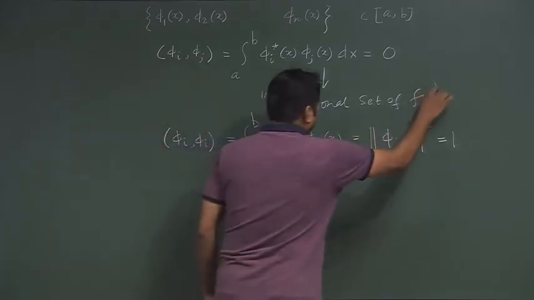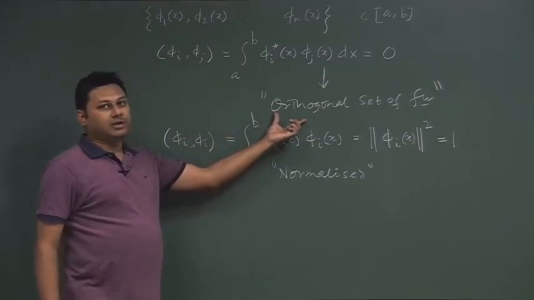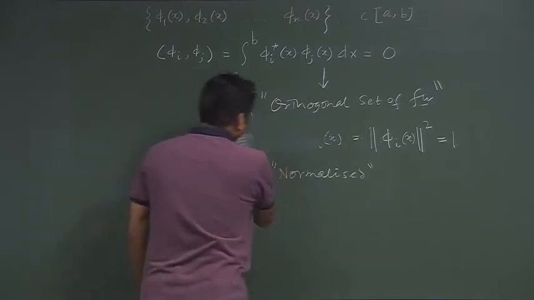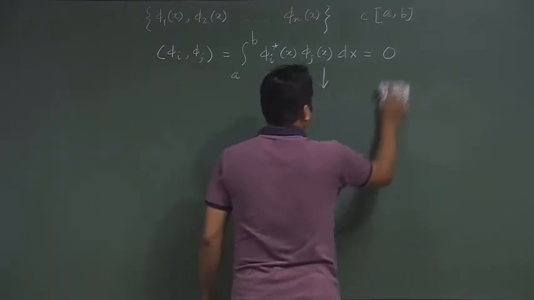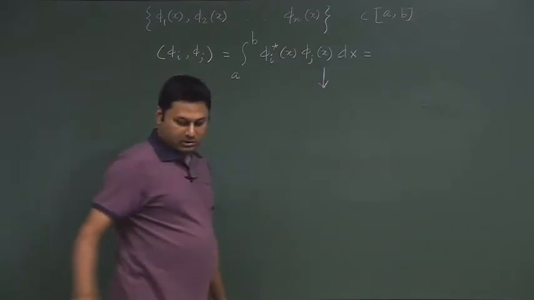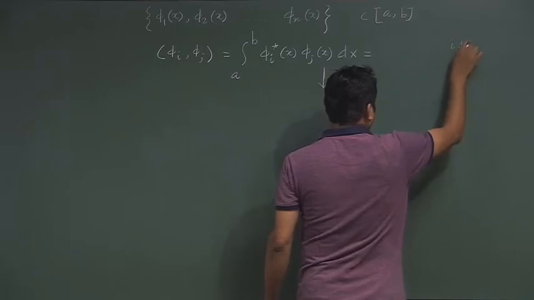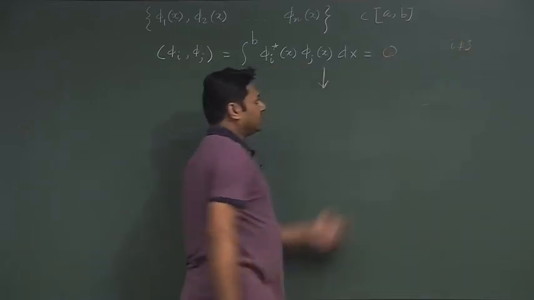Now, if both conditions are applied together, if they are an orthogonal set of functions and also normalized, then we can write in a single line. It is 0 when i is not equal to j with this notation.